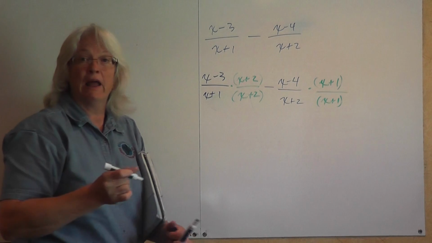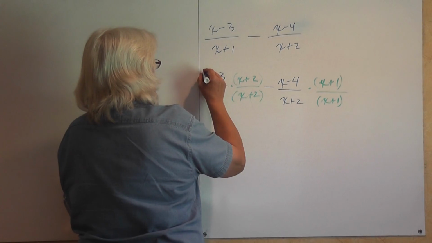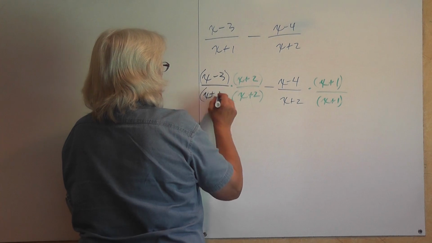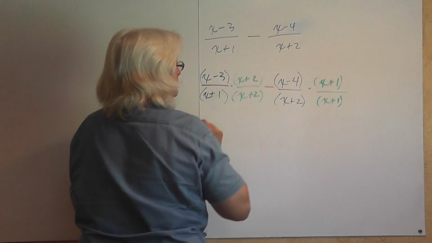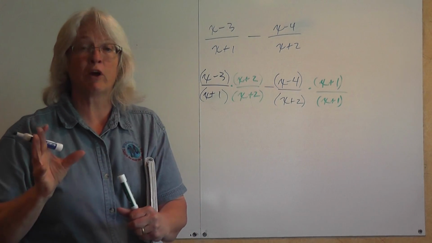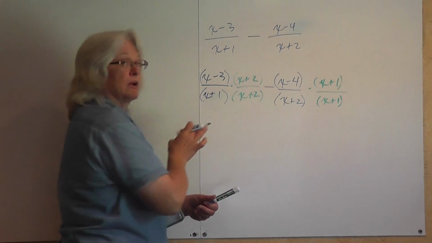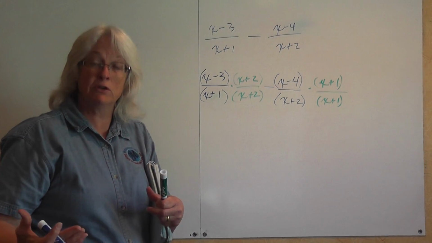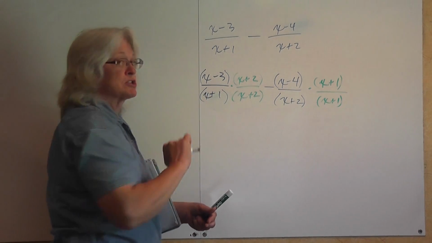I'm going back here now and enclosing these in parentheses so that it jumps out at us that we're going to FOIL in the numerator. I'm not going to worry about multiplying x plus 1 times x plus 2 in the denominator because our instructions tell us to leave the expression in factored form.